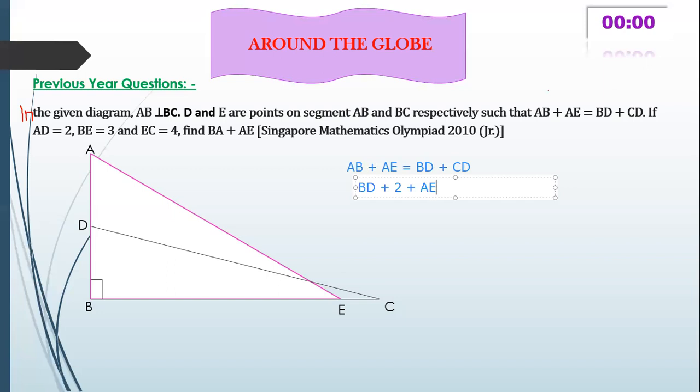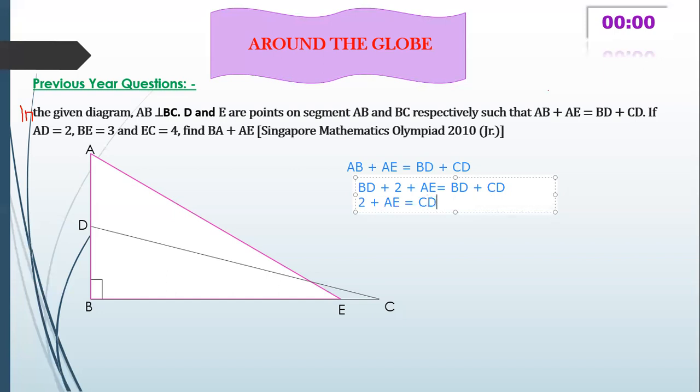Why did I approach this way? This is because BD is on the right hand side and BD is on the left hand side. We can cancel BD. So this is the motive behind this approach. So from here you can write 2 plus AE is equal to only CD.